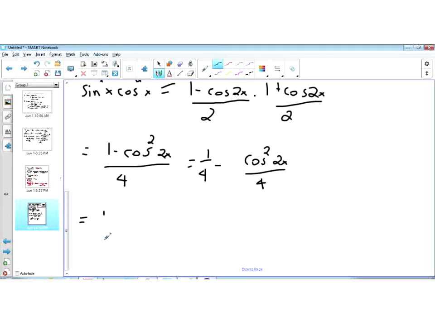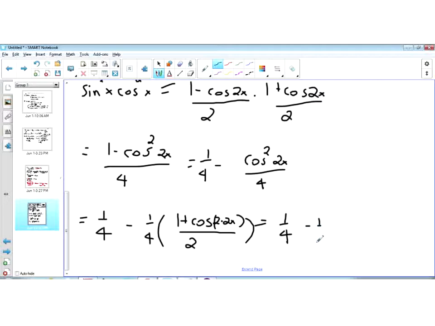So this becomes 1/4 minus 1/4 times 1 plus cosine of 2 times 2x, over 2, which is equal to 1/4 minus 1/8 minus cosine 4x over 8.